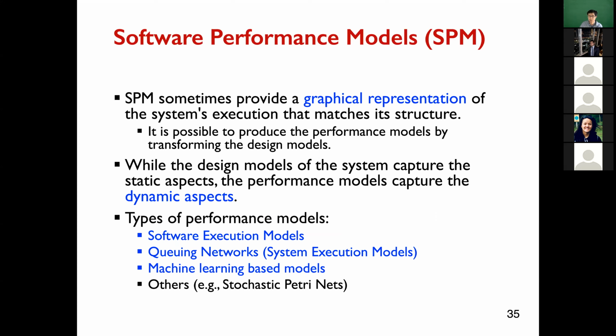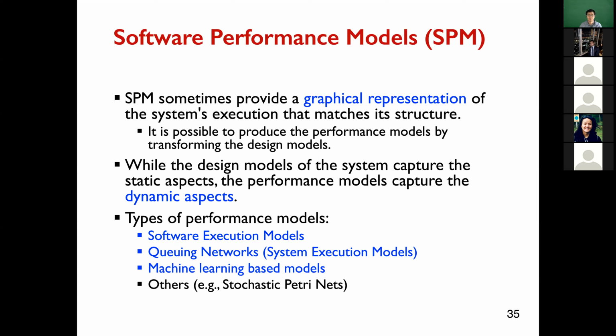Why is this dynamic? Because we want to understand the performance of the software during execution. For example, when there are 1,000 users using the system, what is the performance? There are three types of performance models: software execution models, queuing networks, and machine learning based models. We'll talk about them one by one.